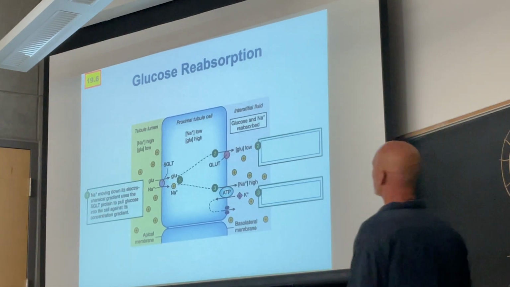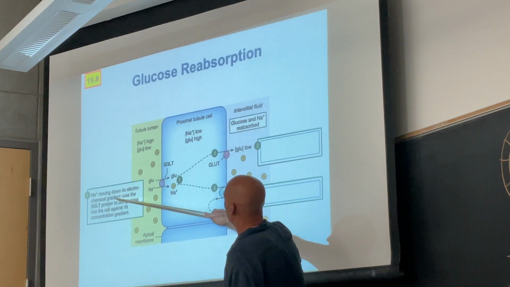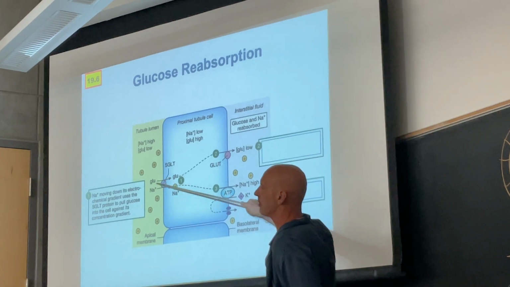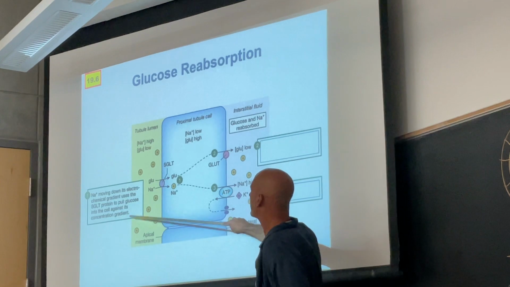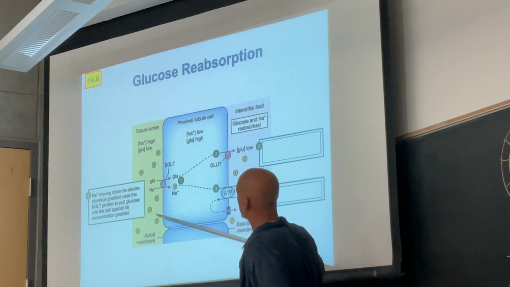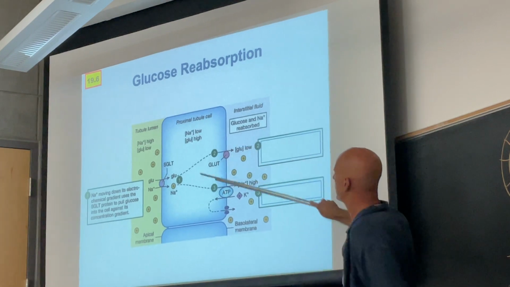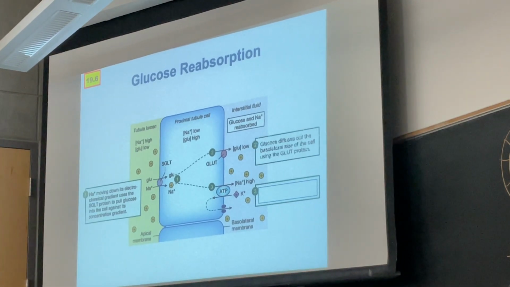This is just transport. We're just moving things. Here, we need to reabsorb the glucose, so the sodium gradient is helping that. It's going to be coupled. The glucose transport is going to be coupled at the symport, right? Secondary active transport, glucose moving into the cell against its gradient. Once inside the cell, it can flow from high to low just through normal facilitated diffusion.